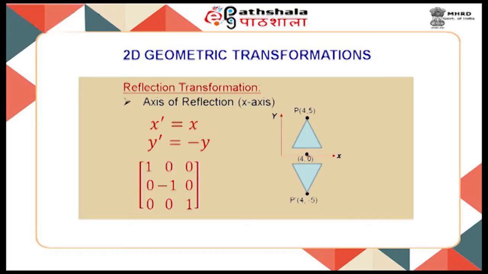So, reflection with respect to the x axis follows these equations: x dashed is equal to x, that is no change in the x coordinate, but y dashed is equal to minus y. The same thing is shown here in a matrix: 1 0 0, 0 minus 1 0, and 0 0 1.